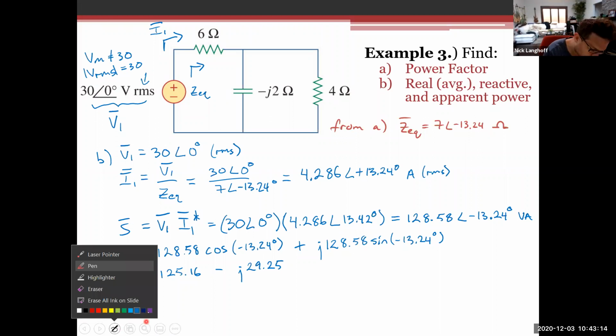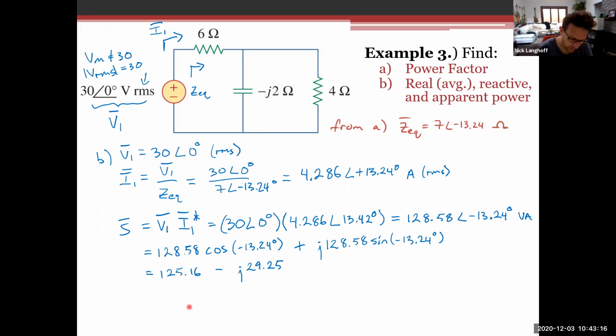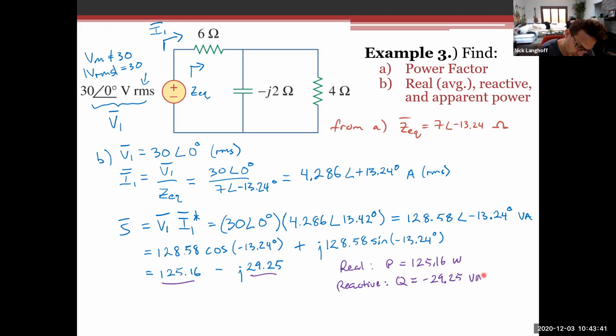And so the answers are that the real power P is equal to 125.16 watts. The reactive power, that's Q, is equal to minus 29.25 volt amp reactive, or VARs.